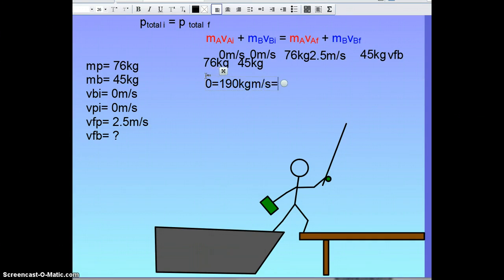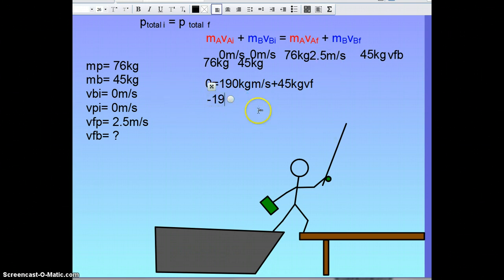Plus 45 kilograms times v final. Alright. Mathematically, if you want to solve this, looks like you've got to subtract 190 over and divide by 45.